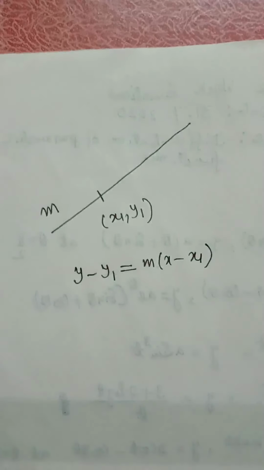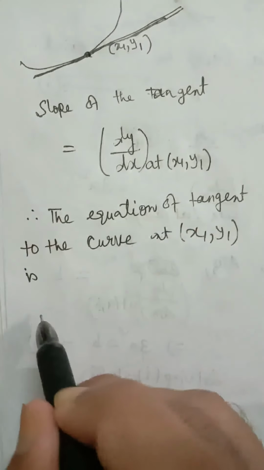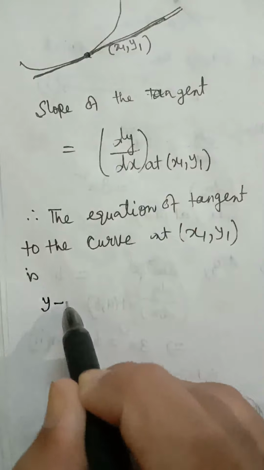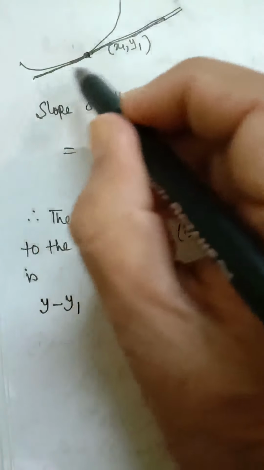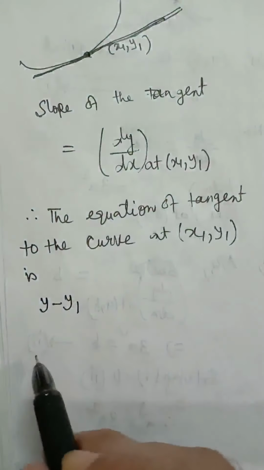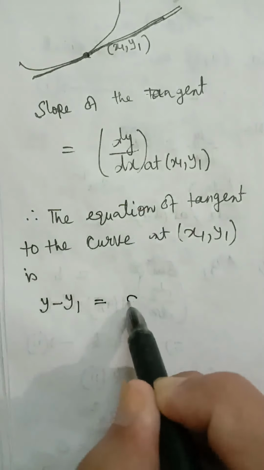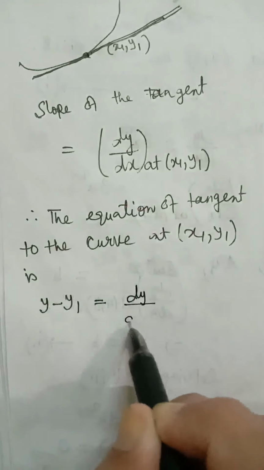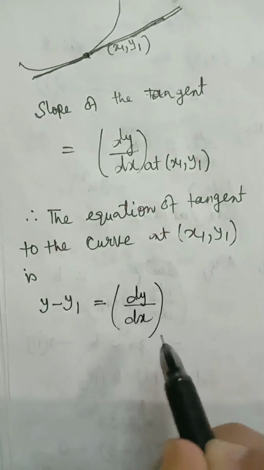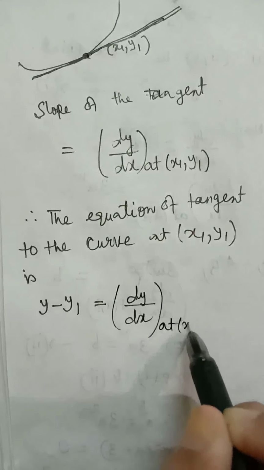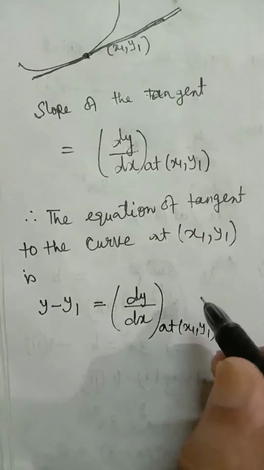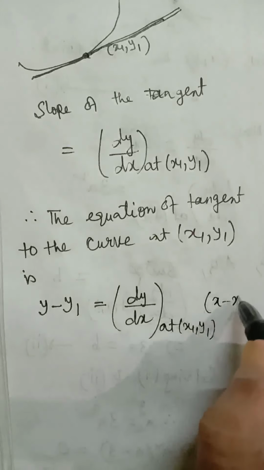Using this formula, the equation of the tangent will be y minus y1, because the tangent passes through (x1, y1), so y minus y1 equal to the slope of the tangent m, which is dy by dx at (x1, y1), into (x minus x1).